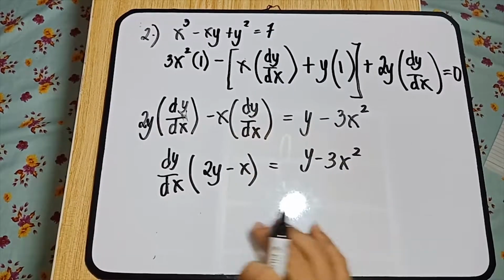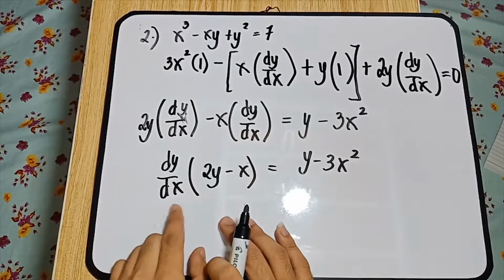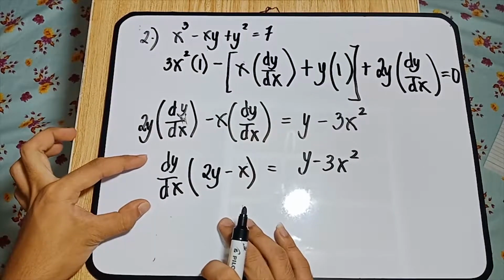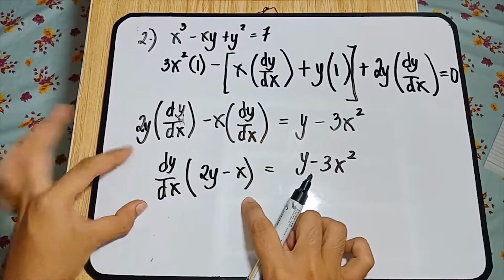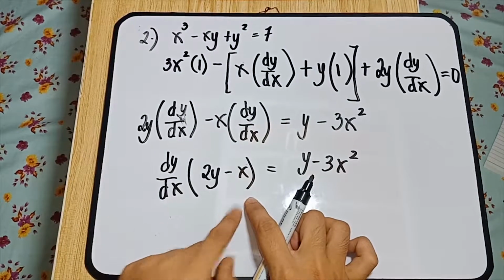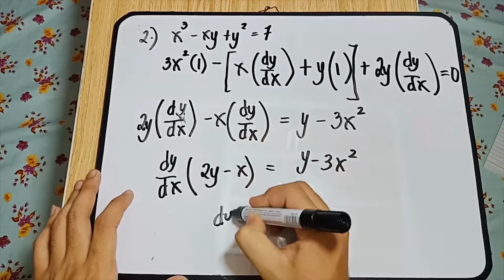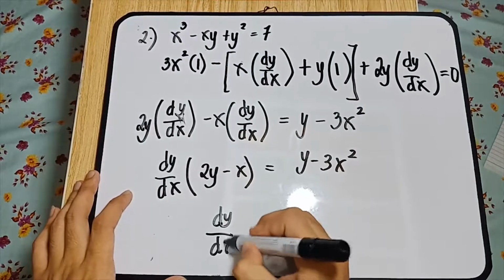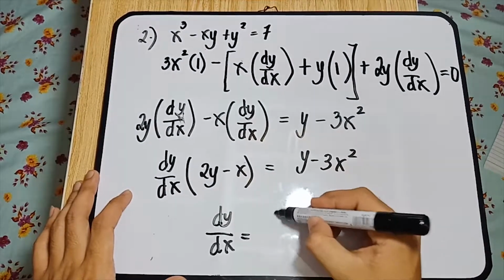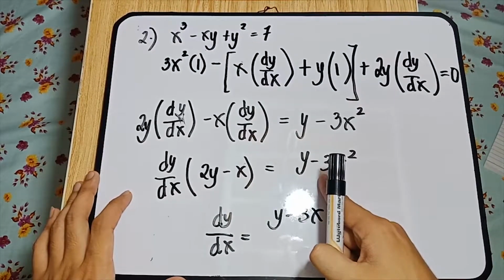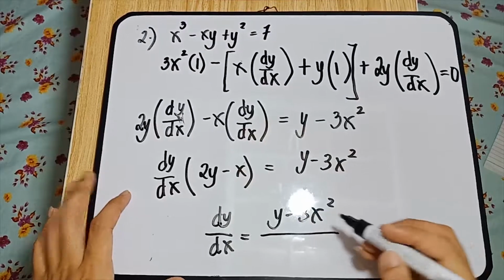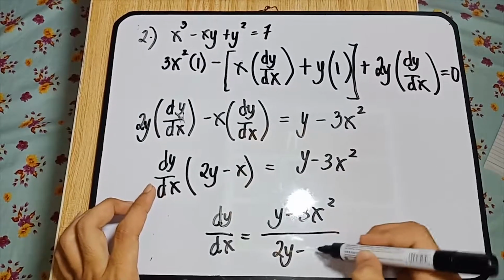And then, kailangan ang material lang ay dy dx kasi ito naman yung required sa atin. So, divide both sides by 2y minus x. So, that will be dy over dx is equal to y minus 3x squared. So, kinopya ko lang ito. All over 2y minus x.